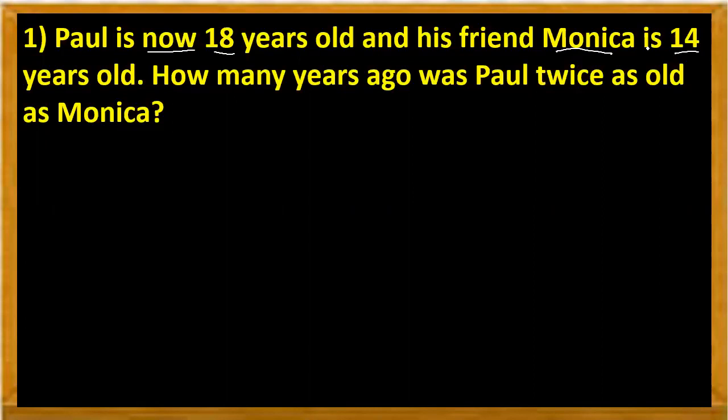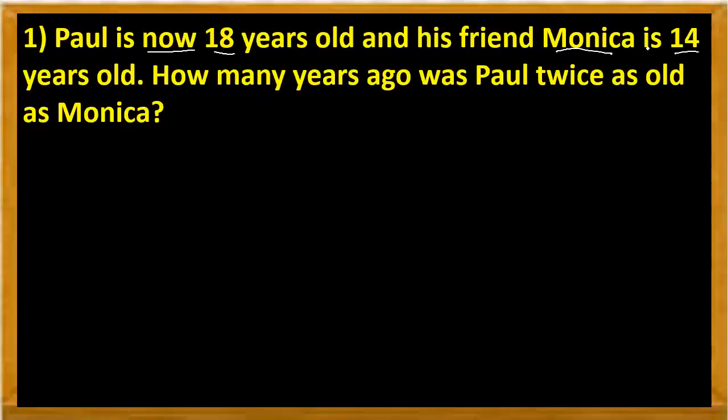Now, the next statement is, how many years ago was Paul twice as old as Monica? So, meron din tayong statement dito na ang tanong nga is ilang taon nakalipas. Ilang taon nakalipas na during that year, ang edad ni Paul ay twice the age of Monica.